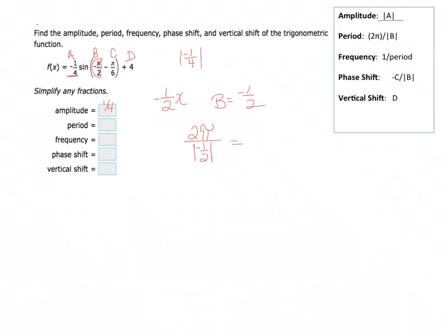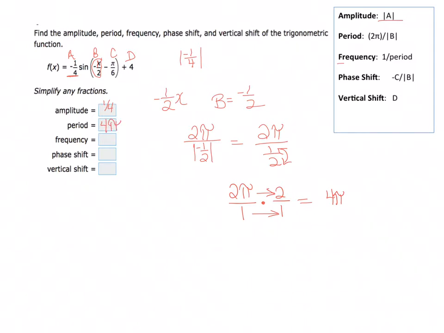So we're going to have to say 2 pi over 1/2. Whenever we divide by a fraction, we invert that fraction and multiply. So we're going to say 2 pi over 1 times 2 over 1, because we're going to flip this fraction right here and multiply by it. So that's actually going to be this times this and this times this, and we're going to get 4 pi. So there's our period. Our period is 4 pi.